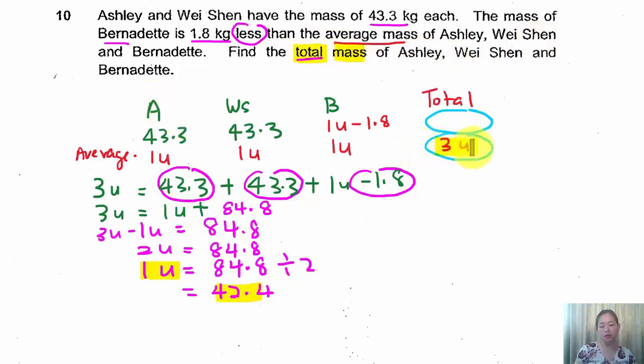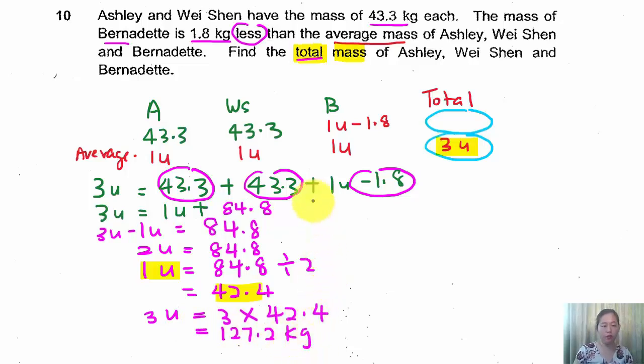It must be 3 units. So here we find 3 units, which is equal to 3 multiplied by 42.4. And our answer will be 127.2 kg.